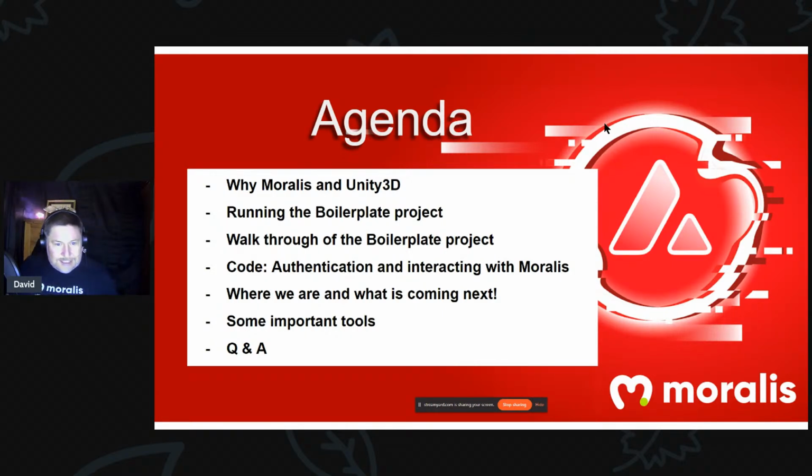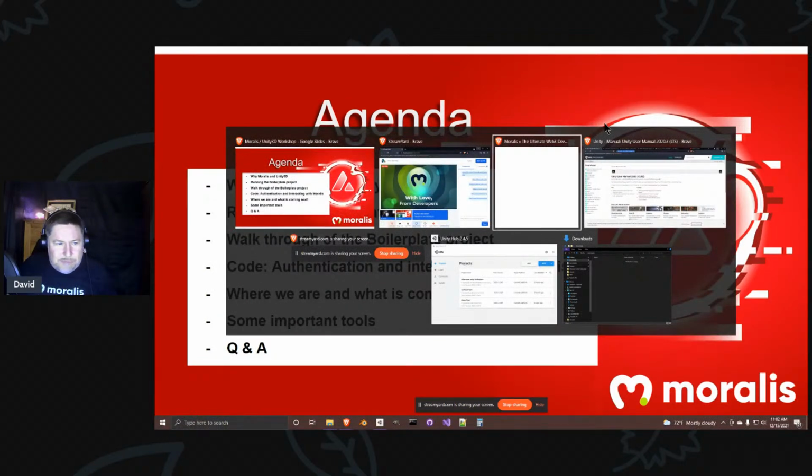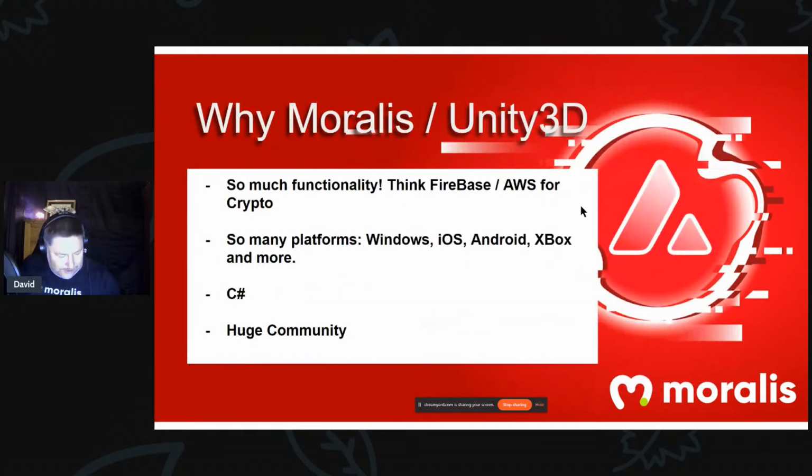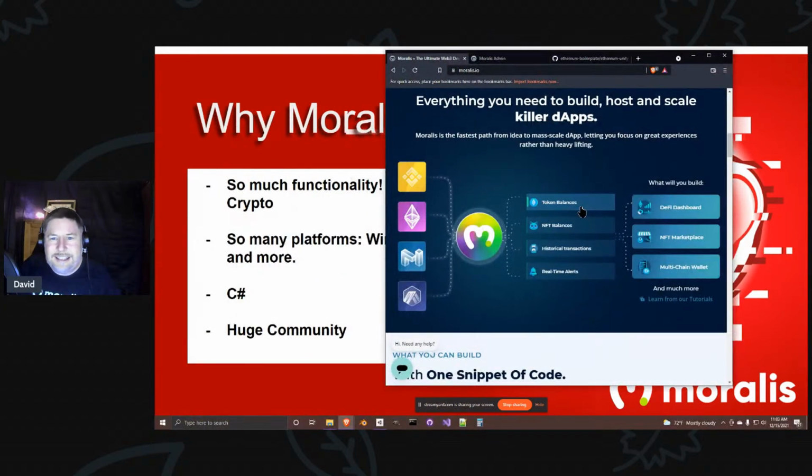So why Moralis? Moralis just gives you a lot of stuff. There's a lot of functionality that you get from Moralis. There's the free layer, of course, where you can try out everything. It gives you the nodes. It gives you all the Web3 API.